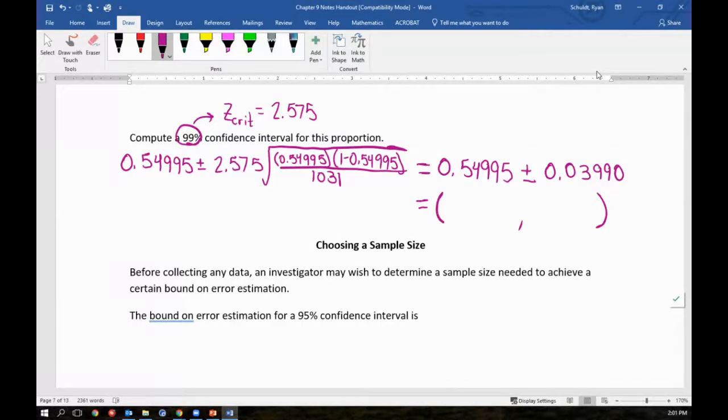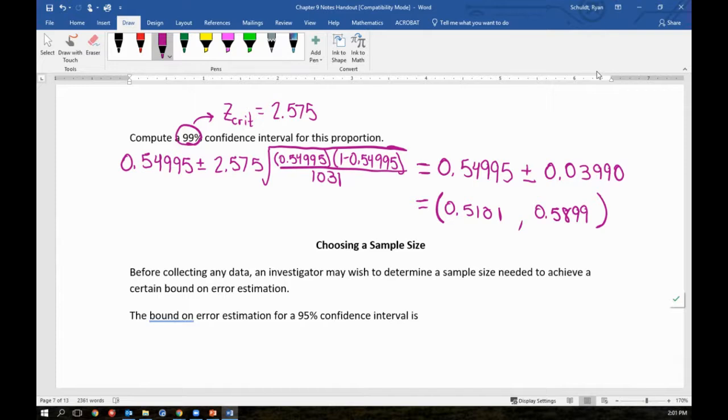What do we get for the lower bound here? 0.5101. And what about the upper bound? Okay. So there's our interval.